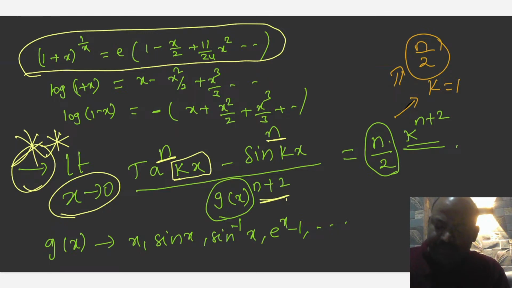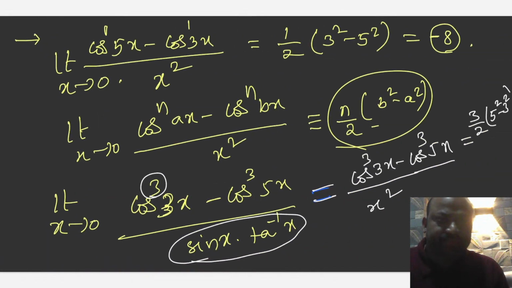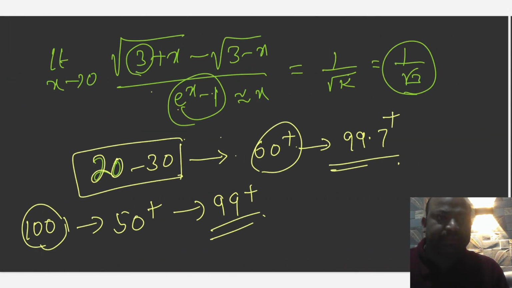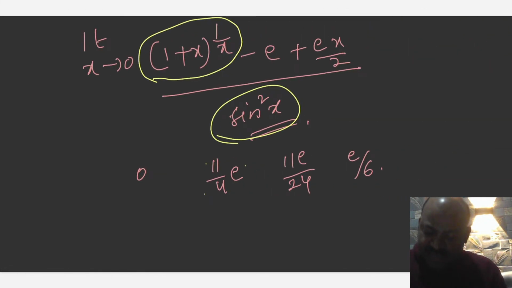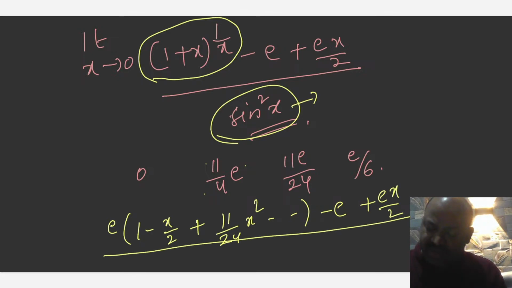Now, when you put that, what will you get? The formula is: this is e into 1 minus x by 2 plus 11 by 24 x square, and so on. Minus e plus ex by 2, divided by x square in the standard limiting case. So till where do I have to write?